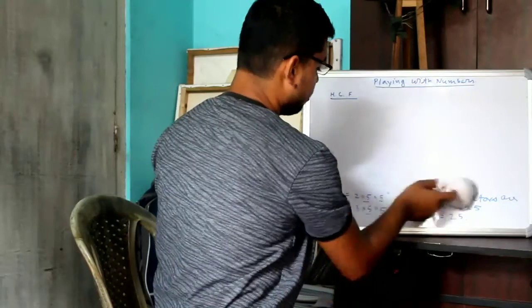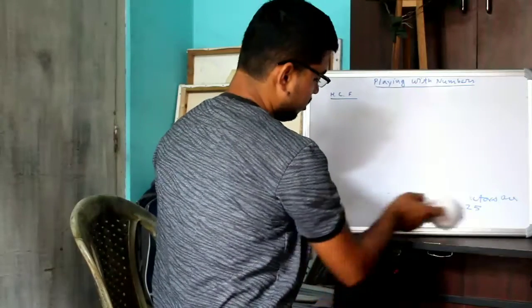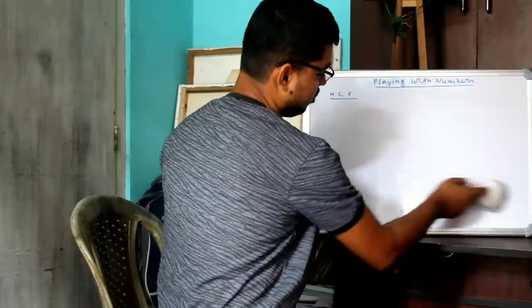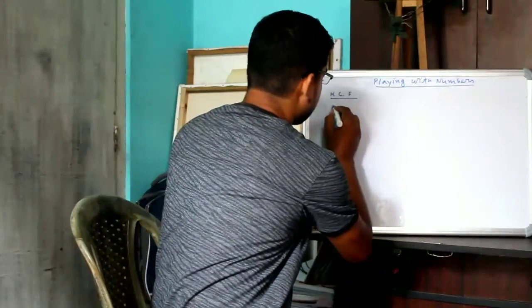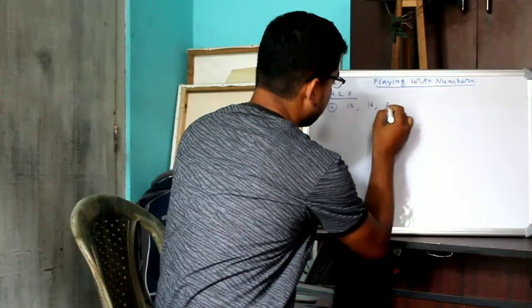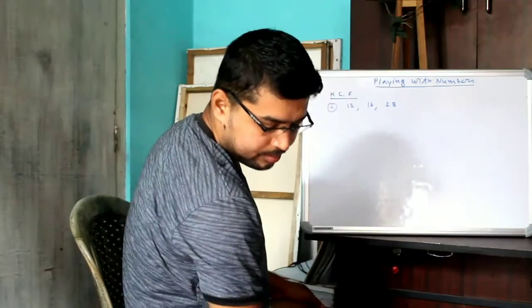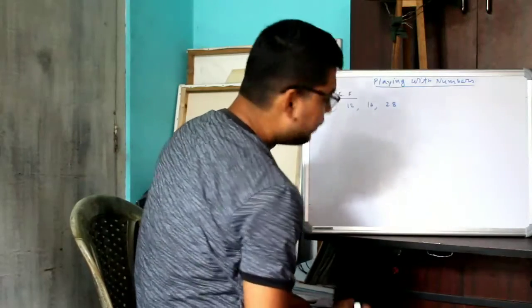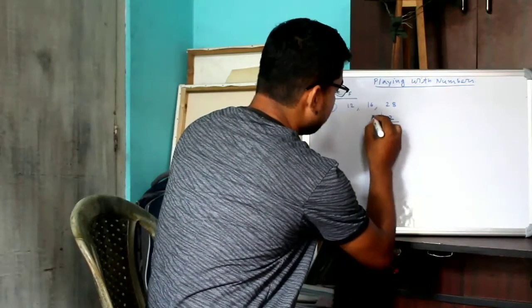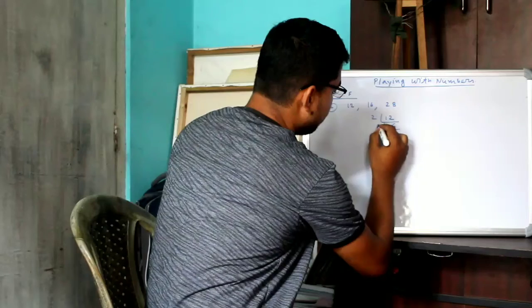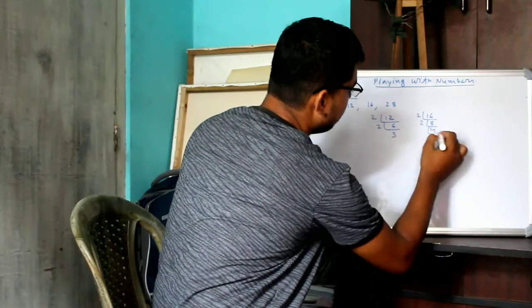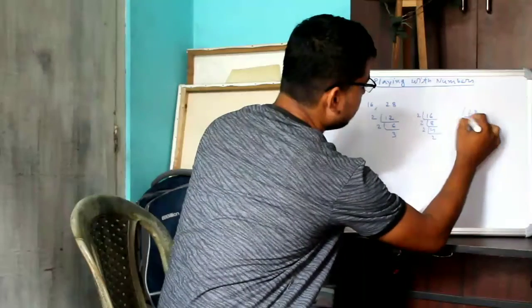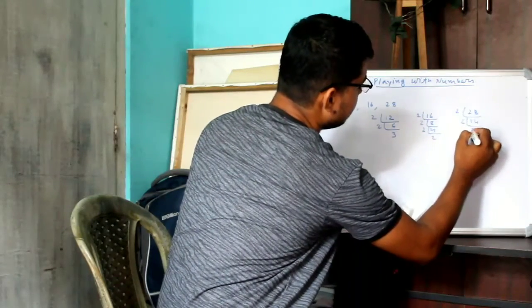Next, another example: 12, 16 and 28. For 12: 2, 6, then 2, 3. For 16: 2, 8, 2, 4, 2, 2. For 28: 2, 14, 2, 7.